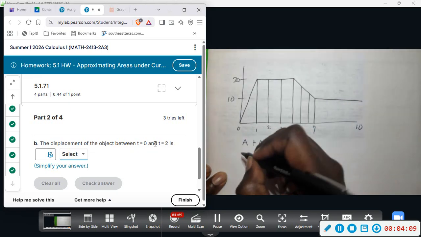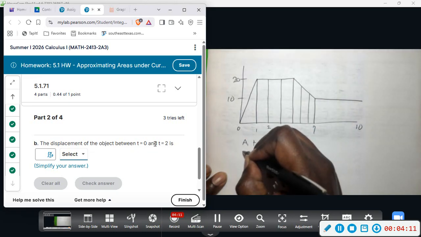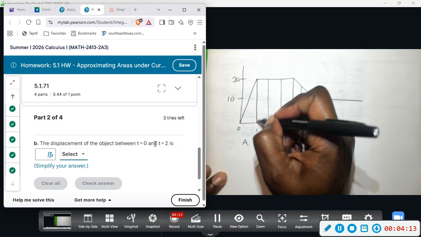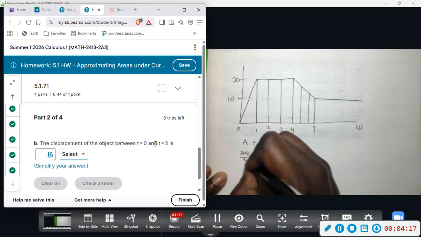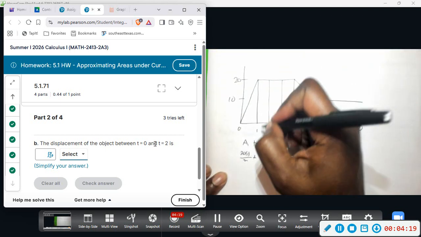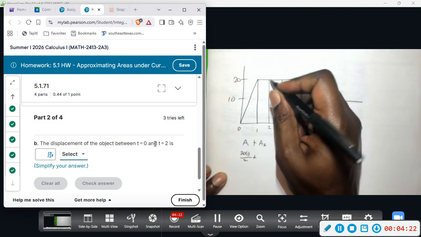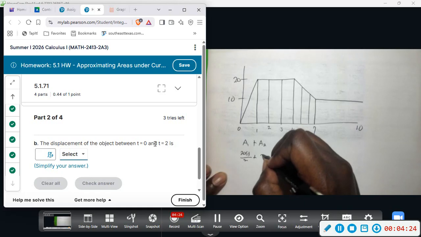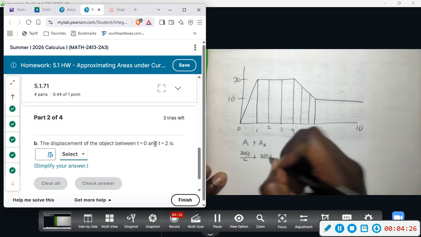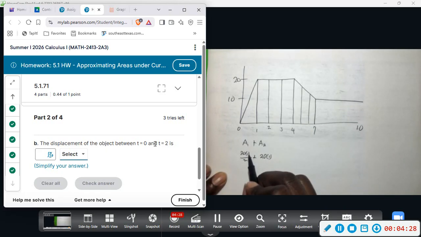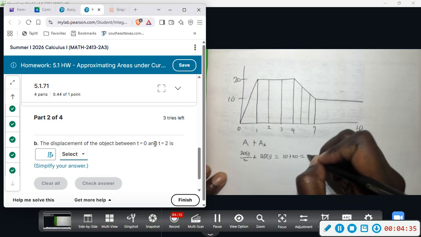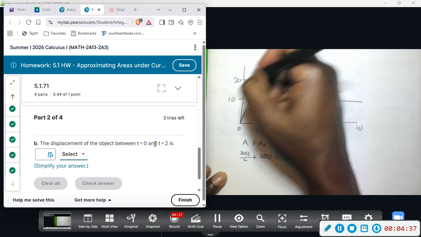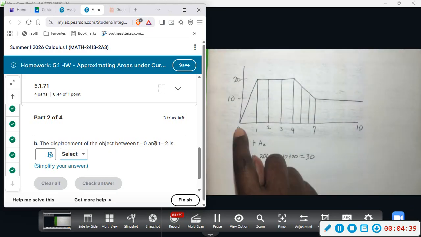Area of a triangle is half base times height. Base is 1, height is 20. Plus the area of a rectangle, which is base times height. Base is 1, height is 20. So 20 divided by 2 is 10, plus 20 gives us 30 meters for the displacement from 0 to 2.